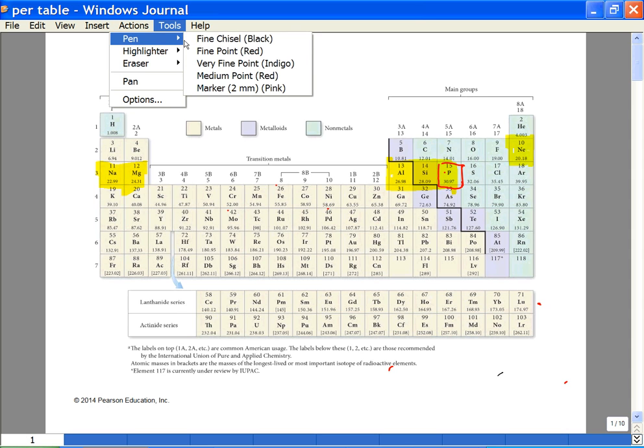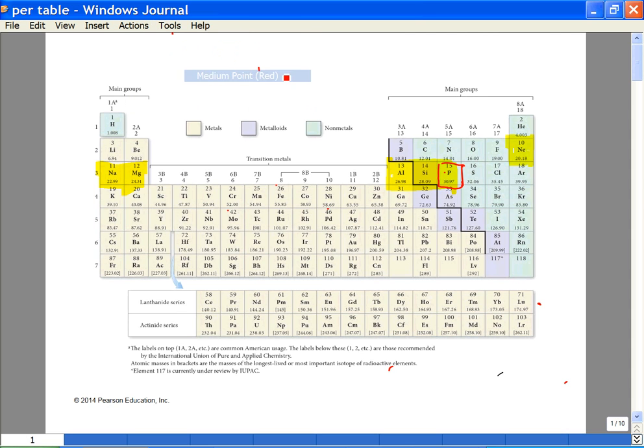So we would write down our neon core, neon. We know that the s block is filled, and it is the s block in period 3, so period 3, s block has 2 electrons.